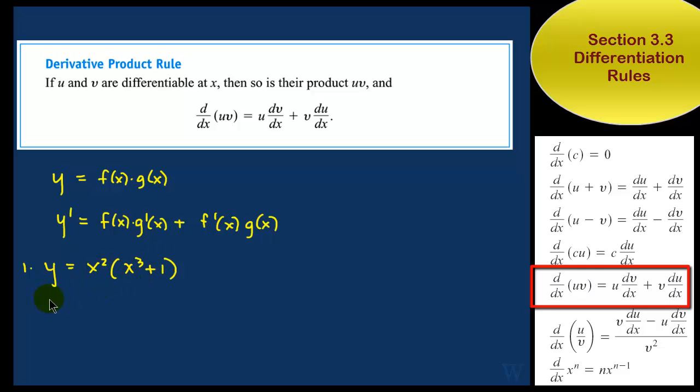If I take y prime, I'll say it's equal to the derivative of the first times the second plus the derivative of the second times the first, or vice versa, as long as you take a derivative one at a time.